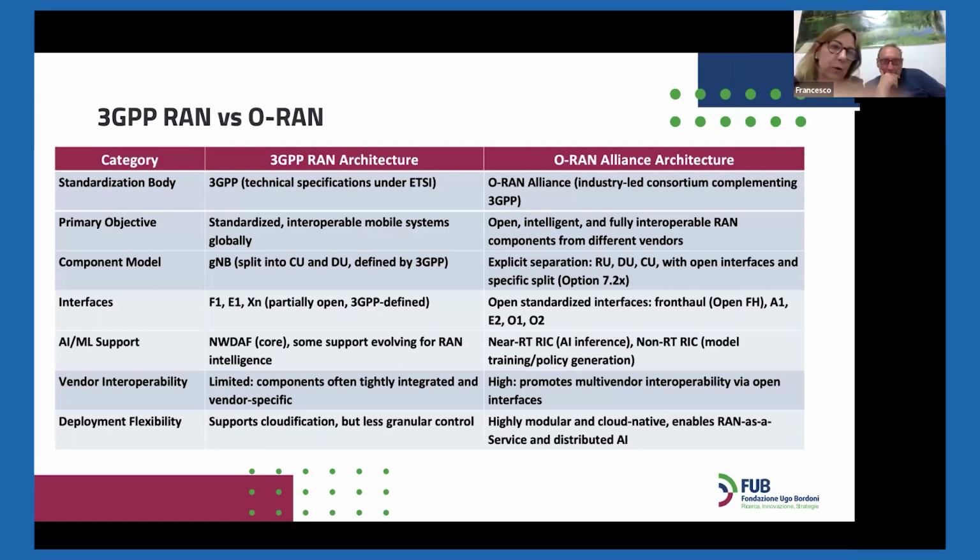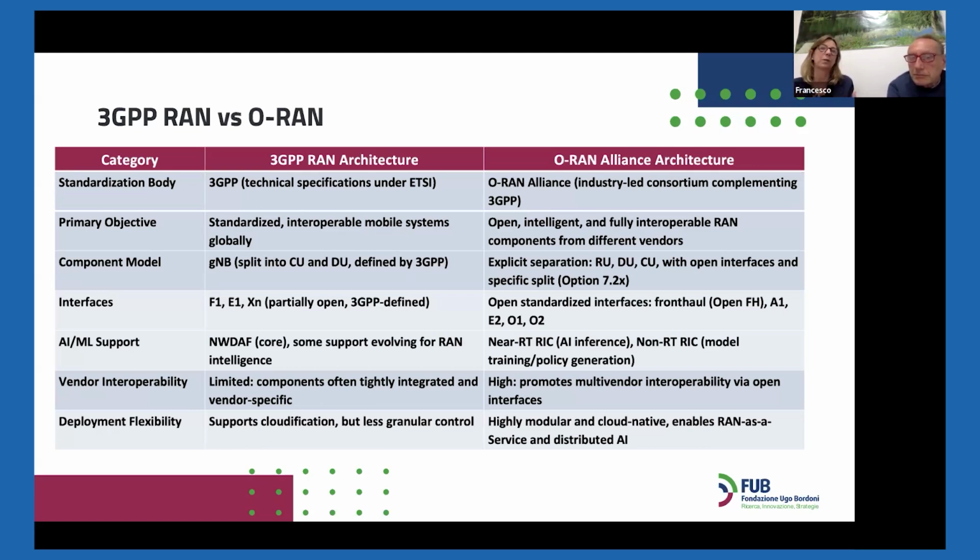So while the primary objective of 3GPP is to standardize an interoperable mobile system globally, considering all the specifications, O-RAN Alliance is more focused on open, intelligent, and fully interoperable radio access networks. There is a different splitting option between 3GPP and O-RAN, and O-RAN has a splitting option that is deeper with respect to 3GPP.